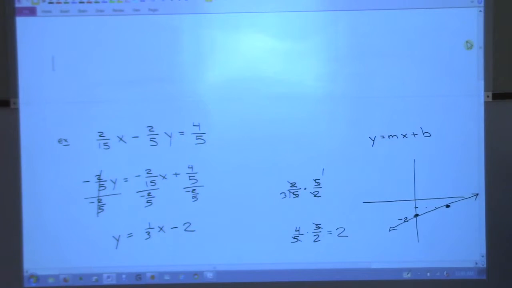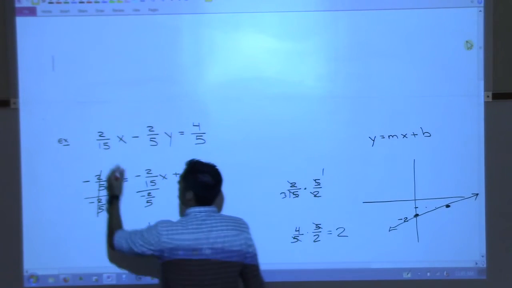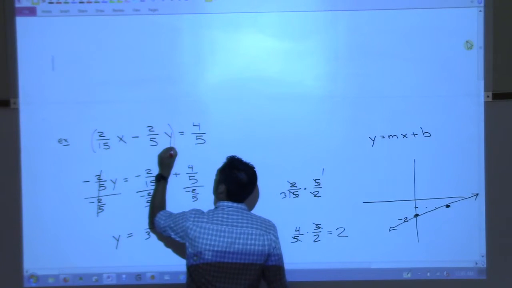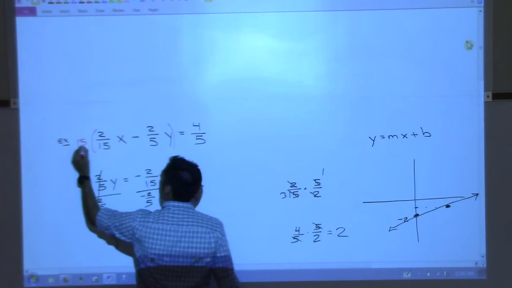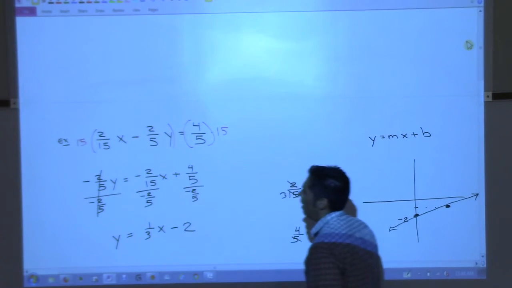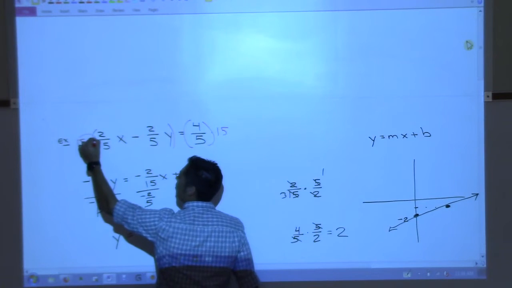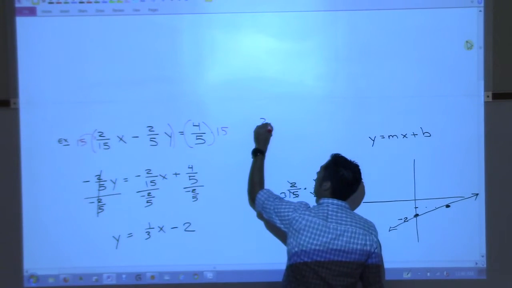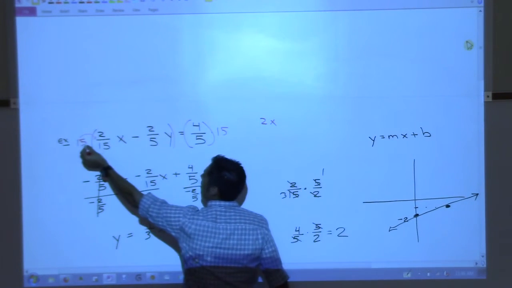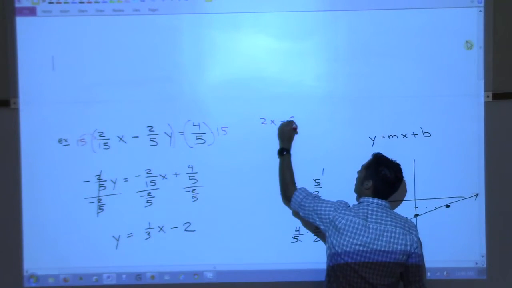Okay, just to show it, if I would have cleared fractions from the very beginning, I would have multiplied this by 15 and this by 15. Let's just see what would have happened. When we multiply the 15 here through, the 15's cancel, we would have got 2x. And then 15 here, we would work that out, and you get minus 6y.